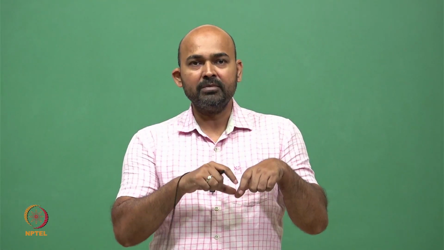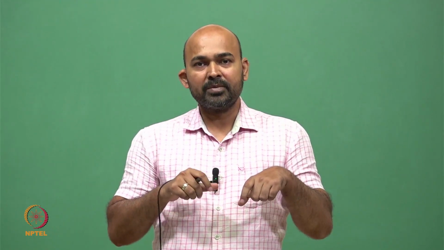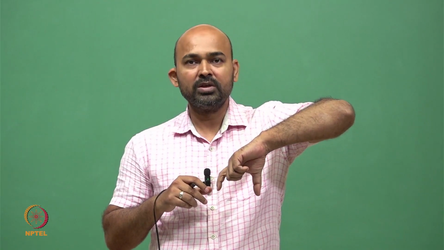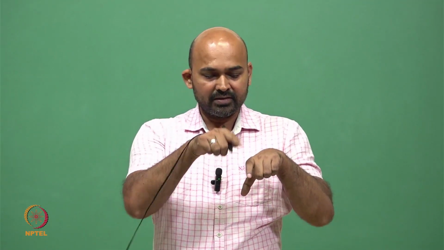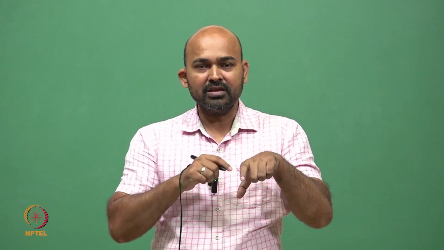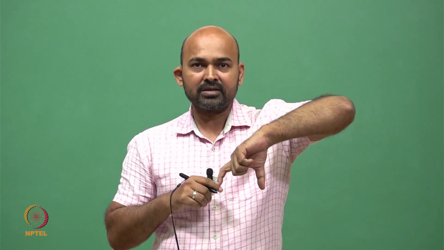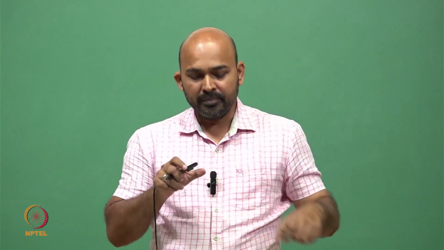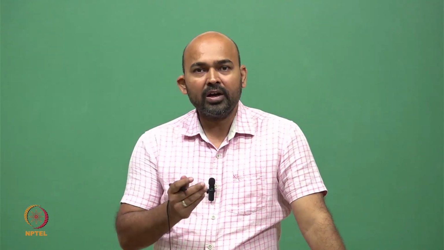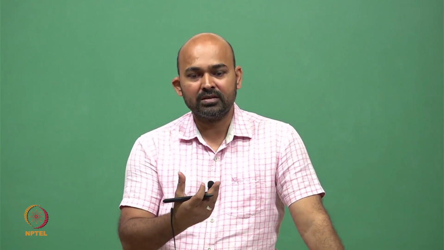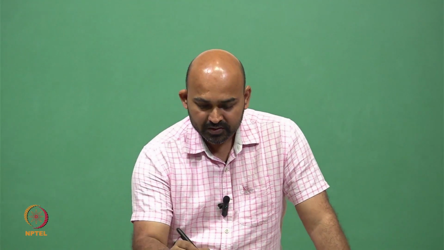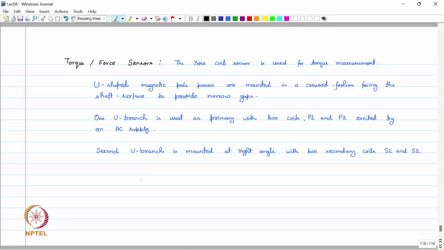We excite both of them using some AC signal, and we have a second U-shaped branch which is placed perpendicular to this primary. So primary, let's say it aligns in the y direction, then secondary is aligned in the x direction. Secondary also has two coils, S1 and S2. This secondary coil will pick up the flux generated by the primaries P1 and P2. So it looks something like this.